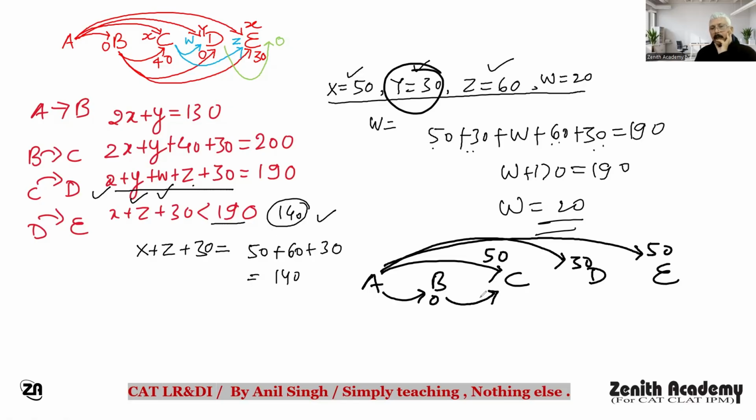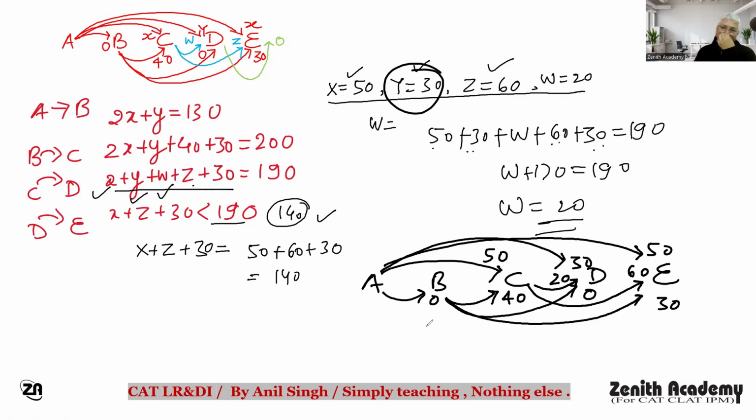B to C ये 40 है, B to D 0 है, और B to E 30 है, C to D taken w, and w is here equal to 20, and C to E z, and z is here equal to 60, right?